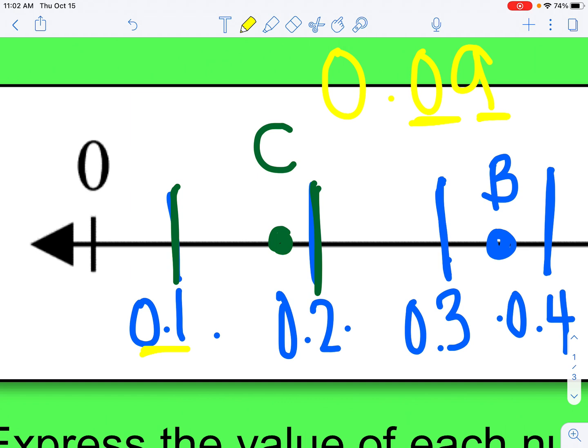What do you think? Yeah, this 9 is pretty close to bumping this 0 into 1. So 900ths would be closer to my 1/10 than my 0. Alright, and this is letter D.